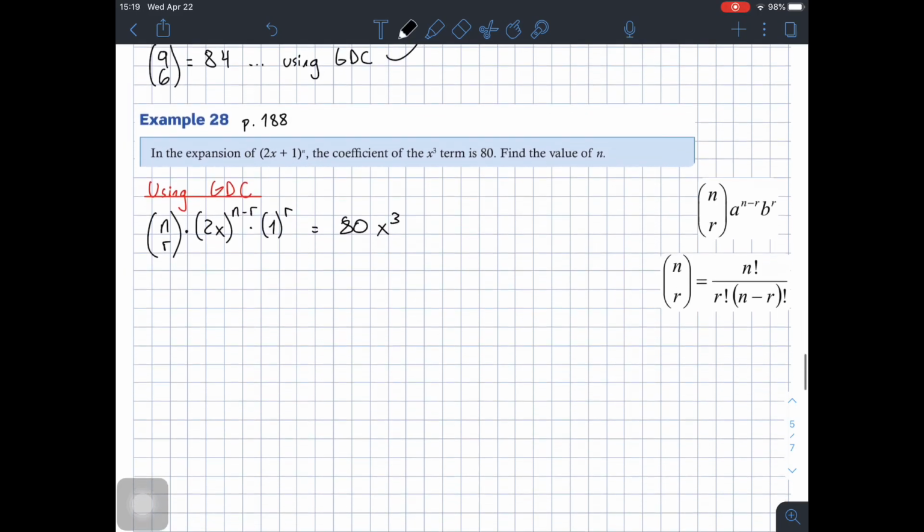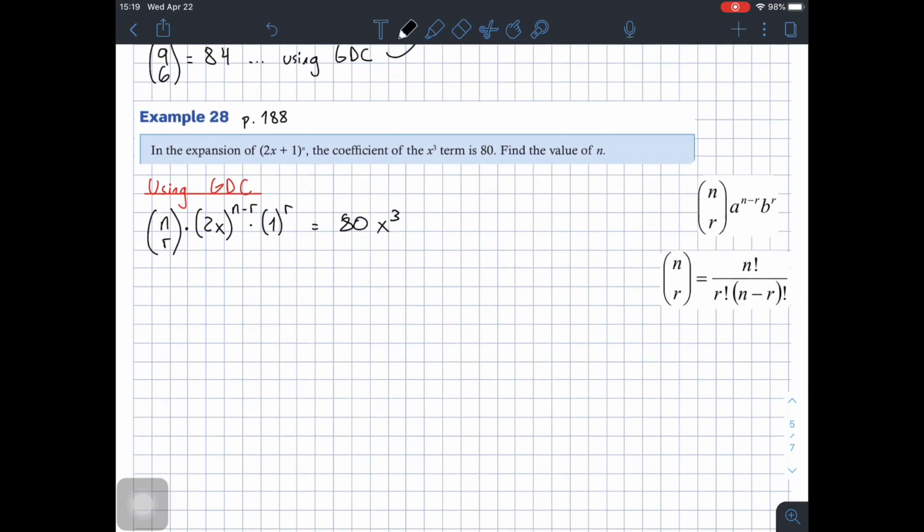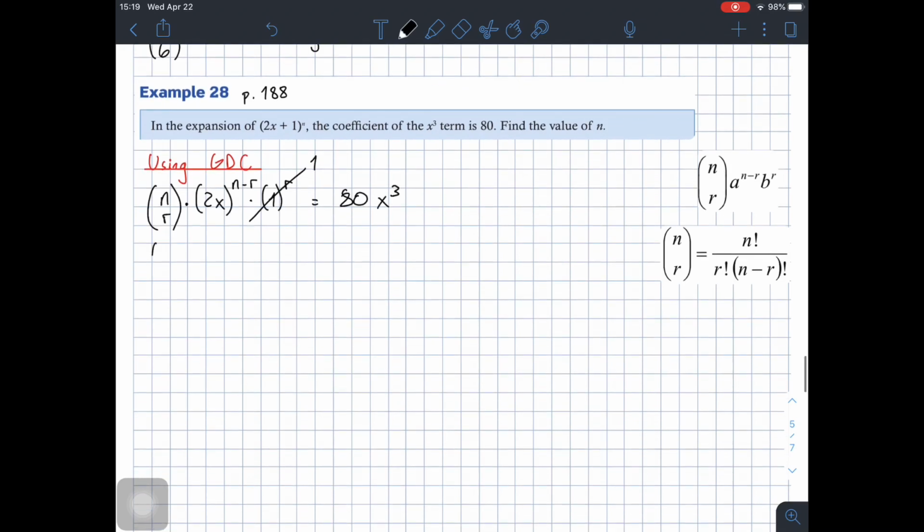This 1 to the power of r, we don't care much about this term because 1 to any power is always 1. So we can rewrite this as nCr times 2x to the power of n minus r equals 80x cubed.